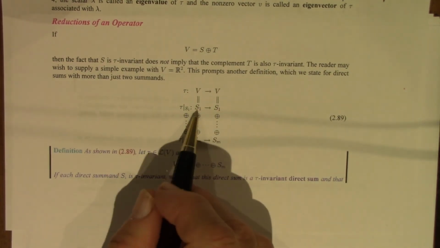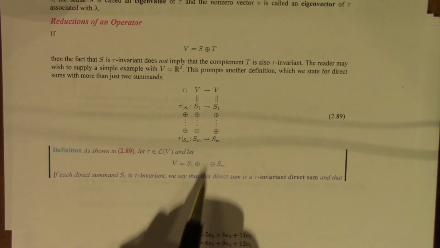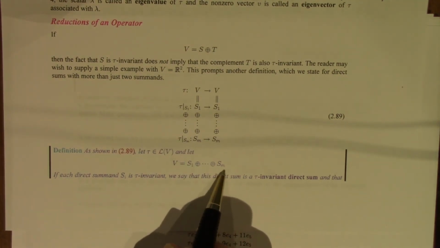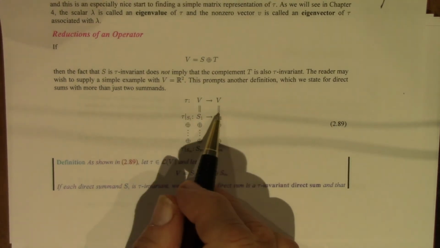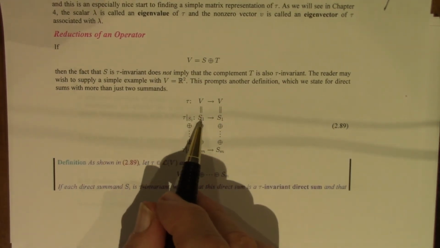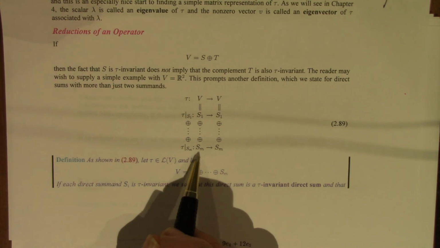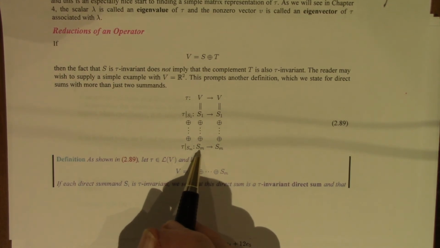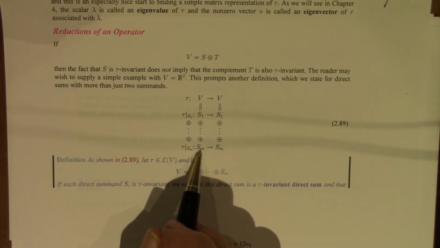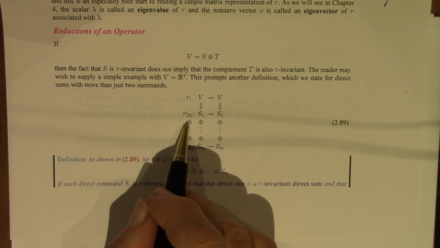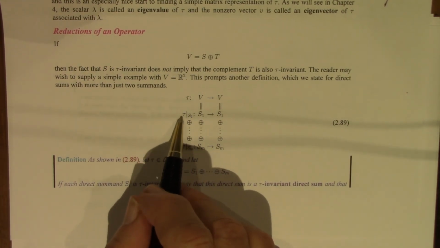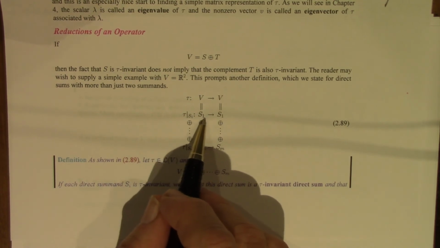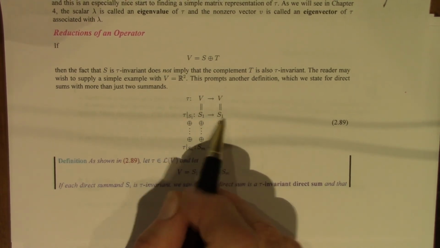Vector space V is a direct sum of S1 through Sm. If each direct summand is invariant under tau, then each of the restrictions, say just take the restriction of tau to S1, is a linear operator on S1.